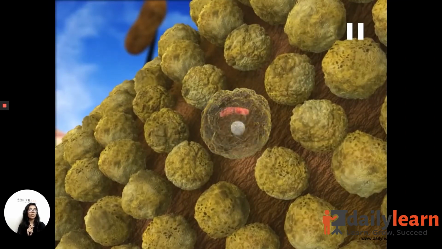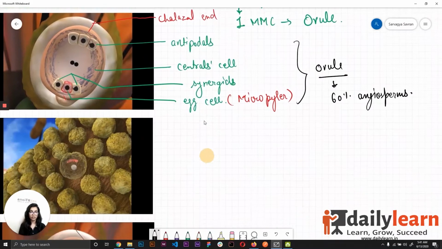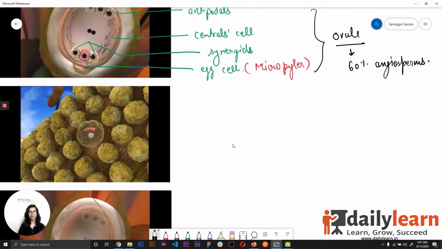Now I will show you an important structure of the pollen grains, right? You need to know what is present inside the pollen grain. So let's go back. This is the frame that we had there, right?